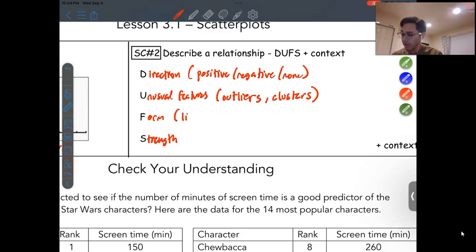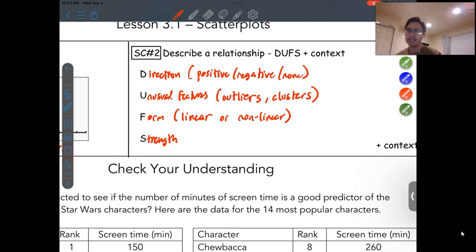A linear form, like what we saw with the bungee jump data, as well as nonlinear forms. Now, nonlinear captures a lot of different things. It captures exponential forms, quadratic forms, trigonometric forms like sine and cosine waves. Really anything that's not linear. You don't have to specify what type of function it looks like. You just have to say it's nonlinear.